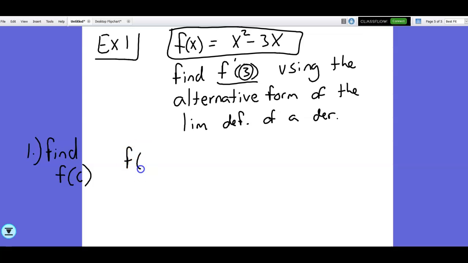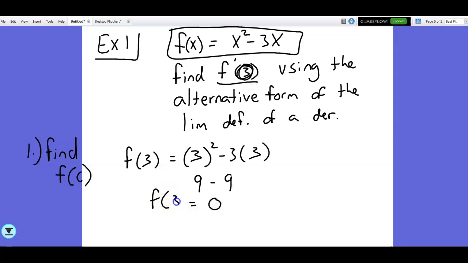So I'm going to take my function, and I'm going to plug 3 in. That's going to be 9 minus 9, and that's 0. Well, that's kind of interesting. All right. F of 3 then equals 0.